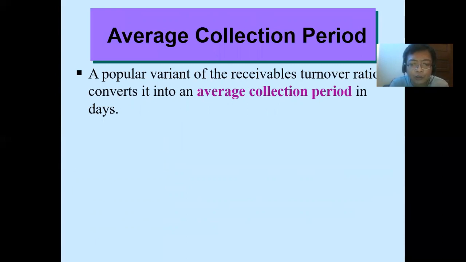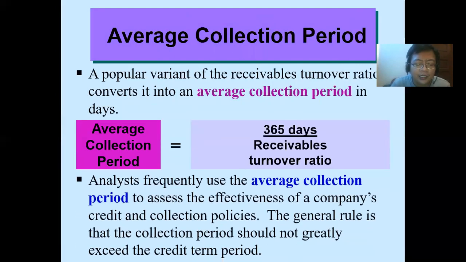So meaning, your numerator is 365, and you divide it by the receivable turnover ratio. Okay. Analysts frequently use the average collection period to assess the effectiveness of the company's credit and collection. The general rule is that the collection period should not greatly exceed the credit term period.